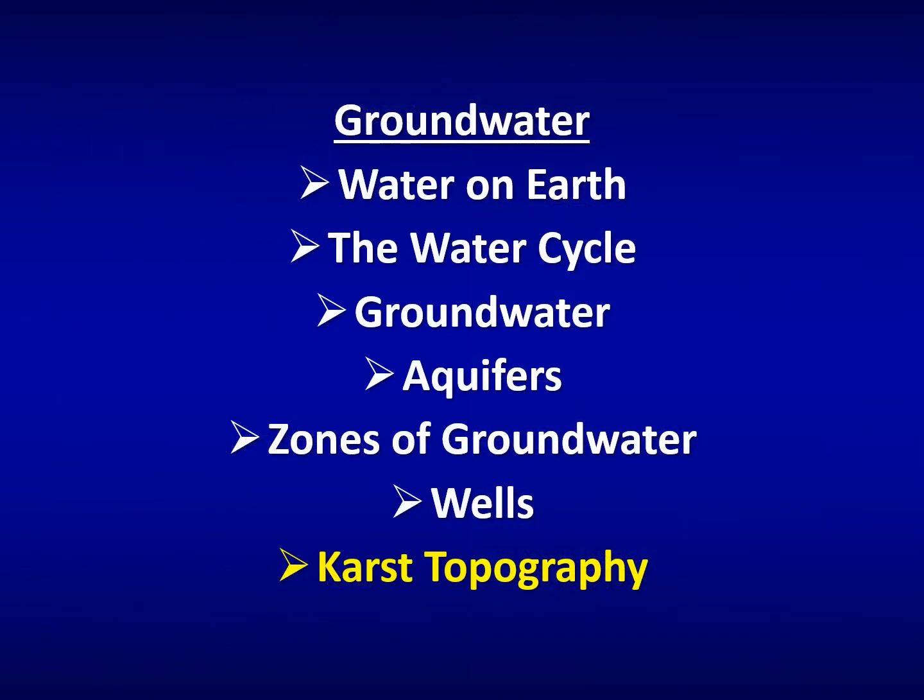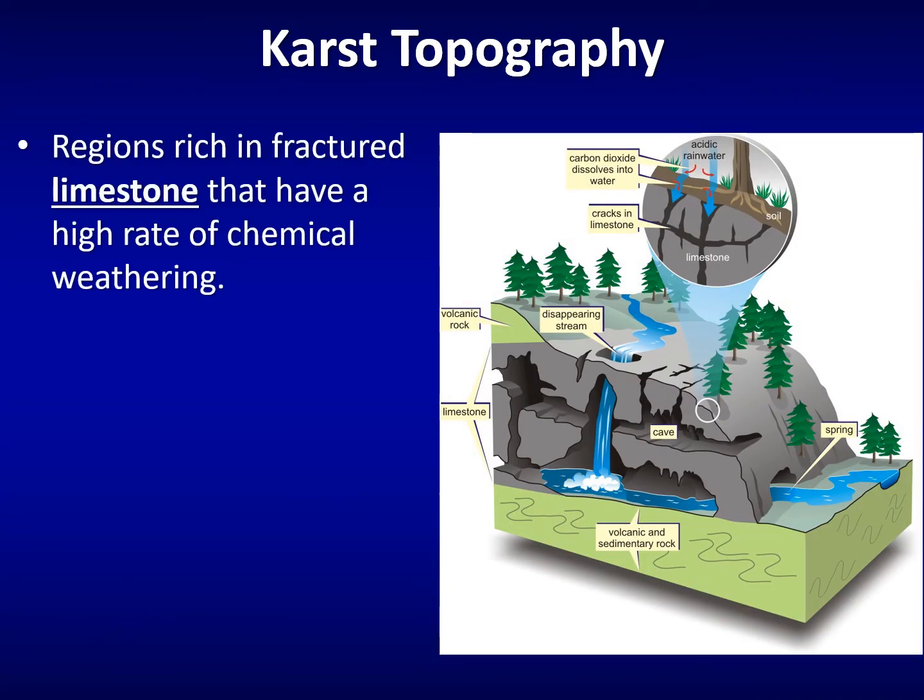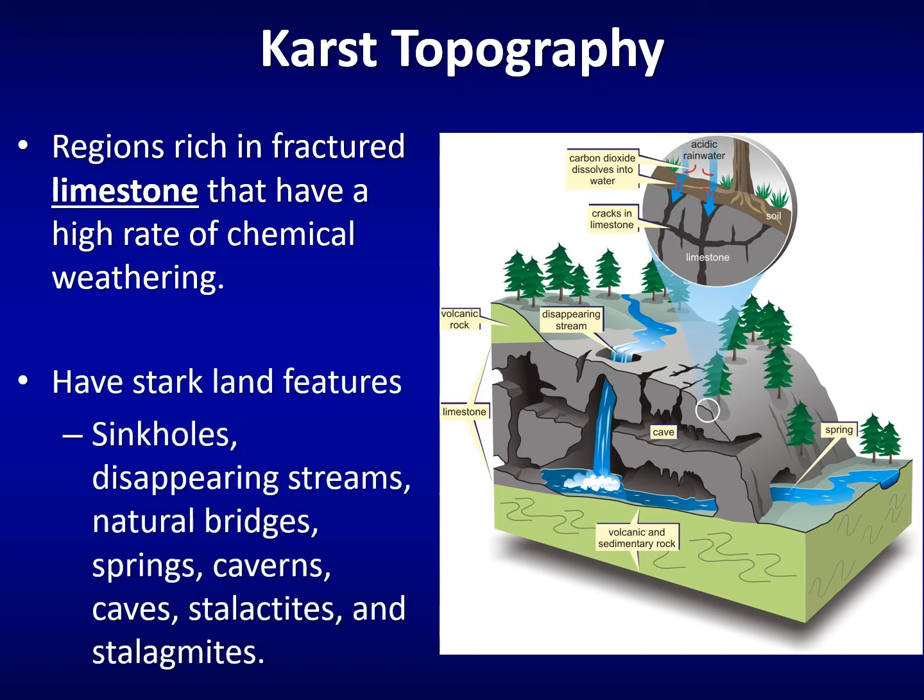Let's talk about some of the features that are formed from groundwater, particularly karst topography. Karst topography is an area that is underlain by much limestone, and that limestone is worked over by the groundwater. Groundwater goes into the limestone, gets into the cracks, and dissolves away a lot of the limestone. It leaves behind little caves and caverns and little passages for the water to move through.